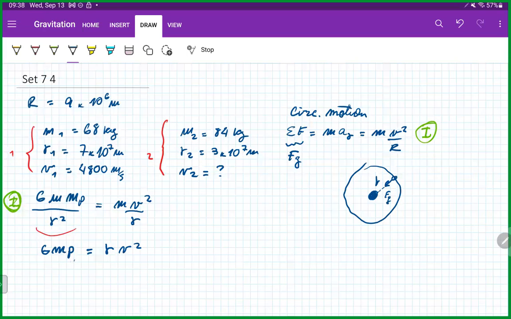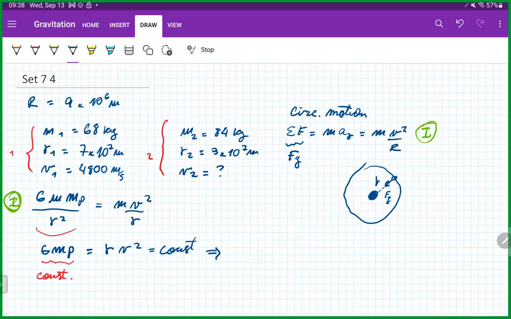And we know that this right here is constant, right? Because it's the gravitational constant multiplied by the mass of the planet, and that's not changing at all. So that is constant, and so R V squared is constant.